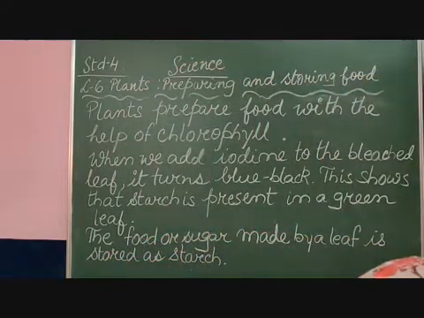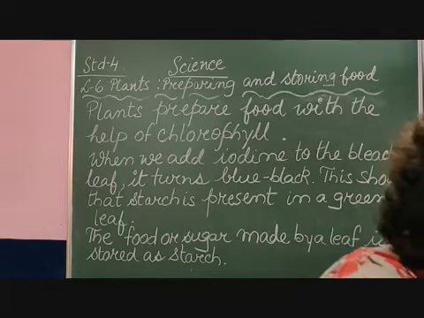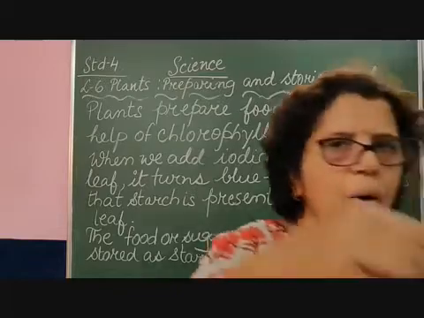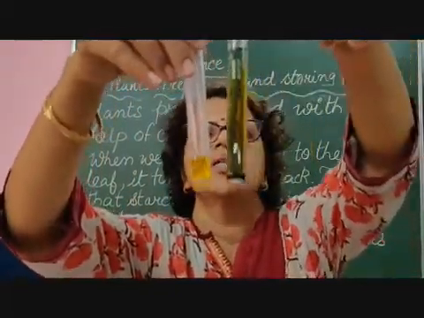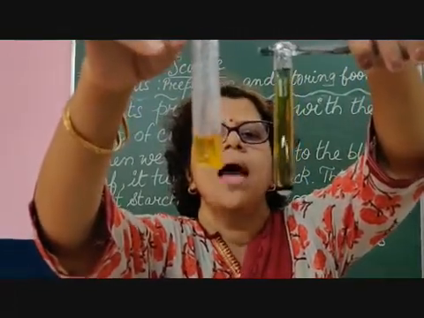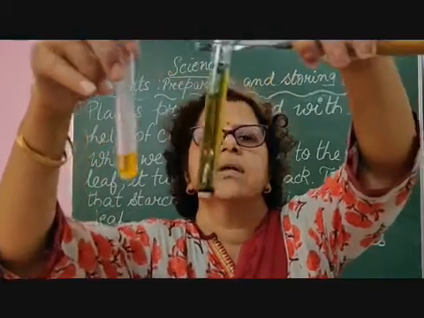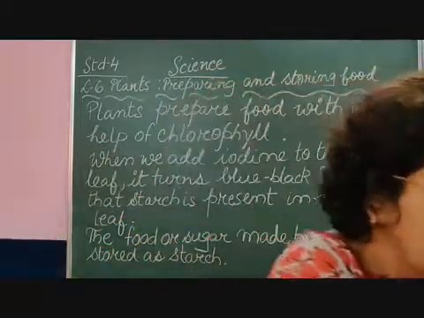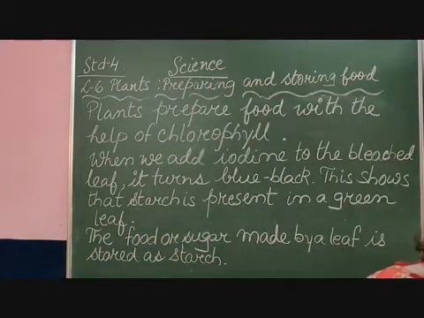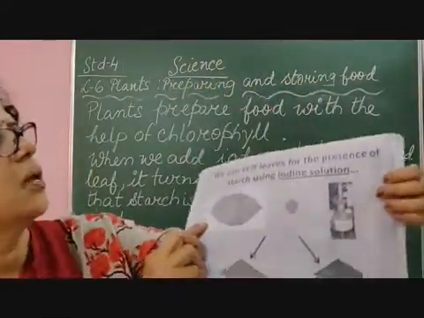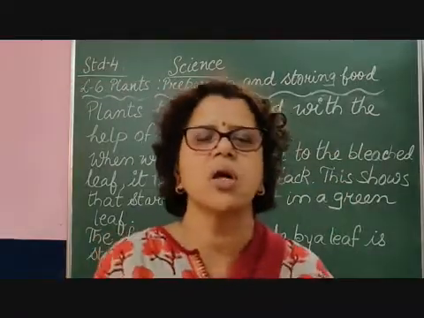But I had also taken, children, just a minute, chalk powder solution, but just see the difference. This is chalk powder solution, it did not turn into dark black or blue, it remained as a normal one with the iodine, but this has turned dark. This shows that plants prepare their food and store it in leaves. With this we can say that we can test leaves for the presence of starch or sugar.